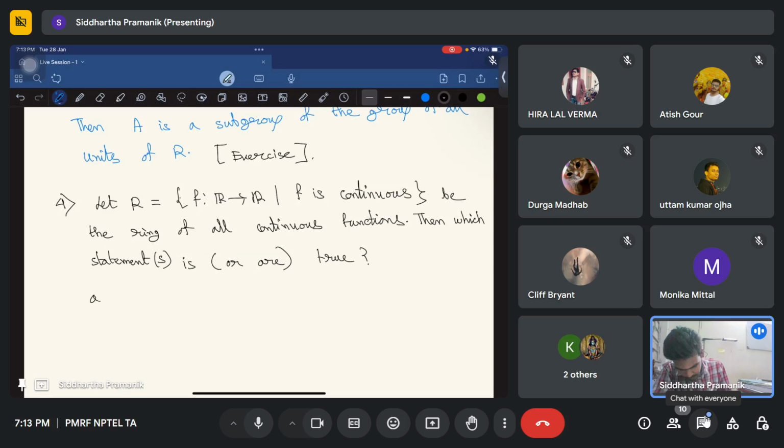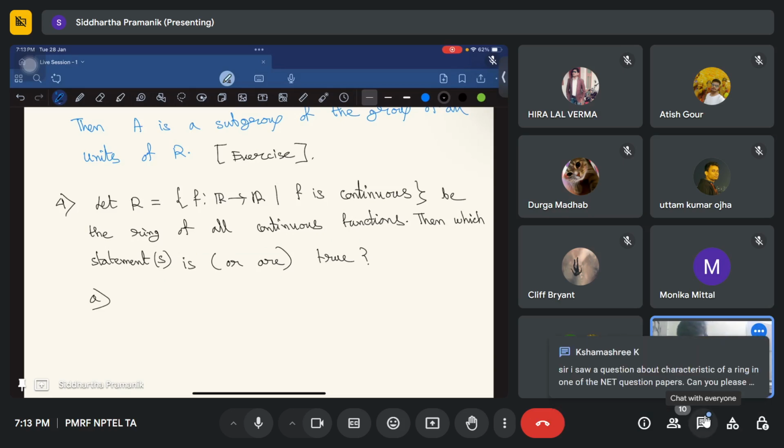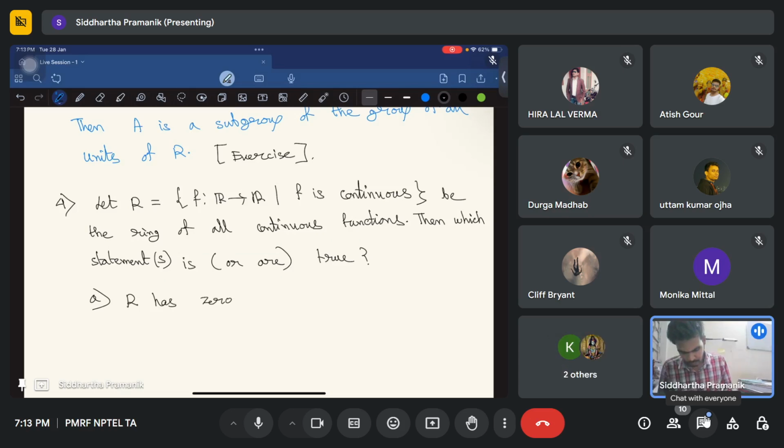There are two statements. You need to say which one is true. The first statement: this ring R has zero divisors. The second one: R has non-zero nilpotent elements.